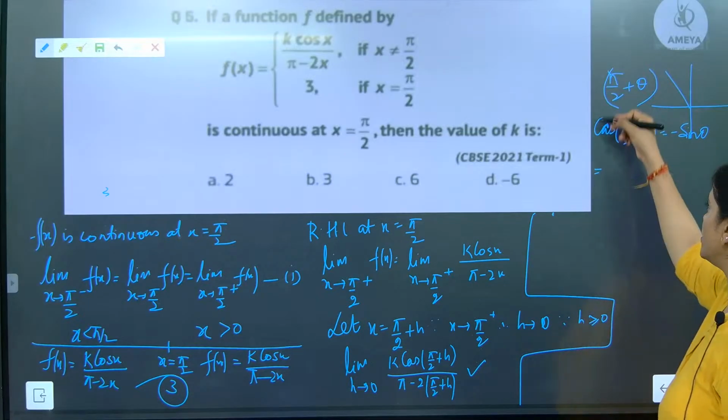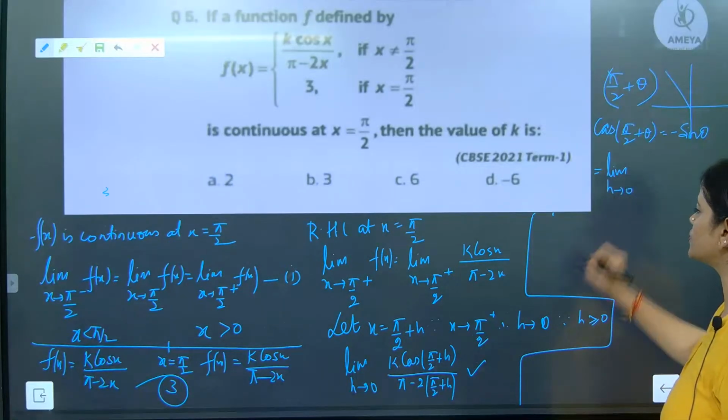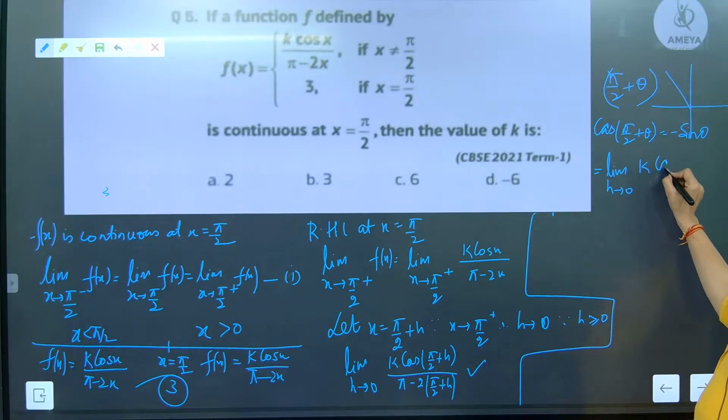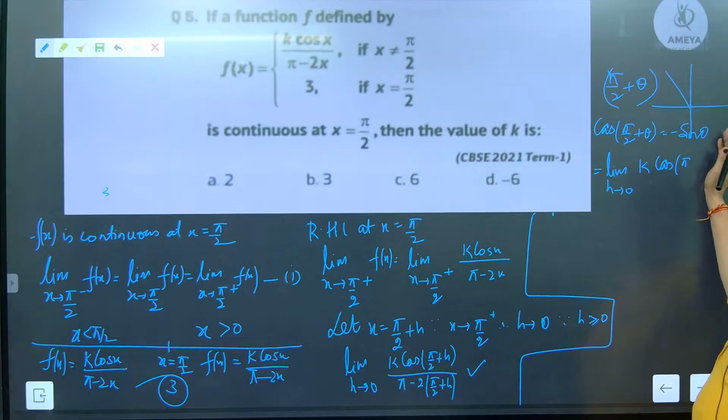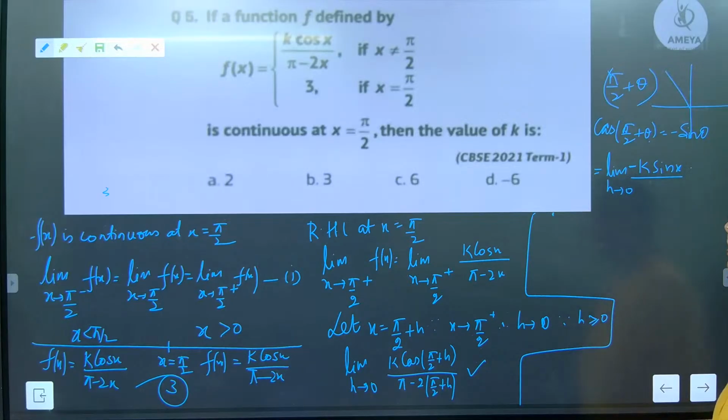So now we'll use this. We'll write here limit h tends to 0, k cos of pi by 2 plus h, which becomes minus k sine h. Now the denominator part is pi minus 2 into pi by 2 plus h, and then here it will become minus 2h.